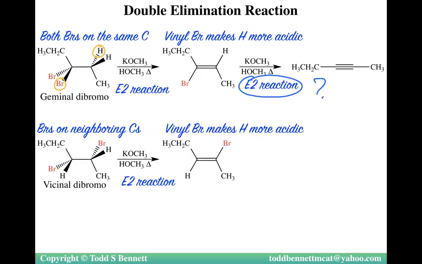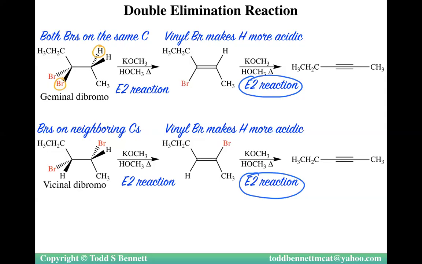So just like above, it worked out: it could be two Brs on the same carbon, or on neighboring carbons. We'll end up getting the same thing. And again, E2-esque.